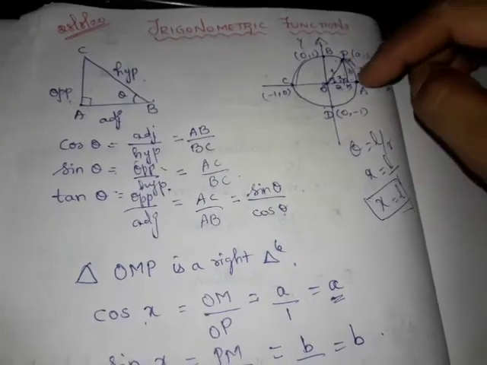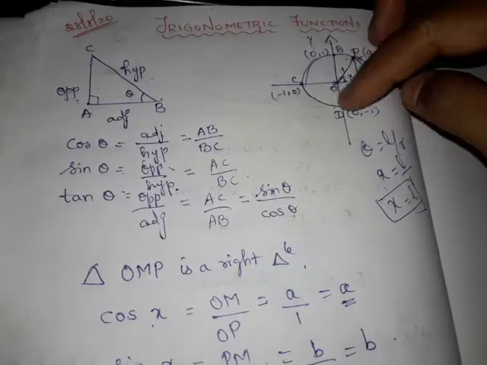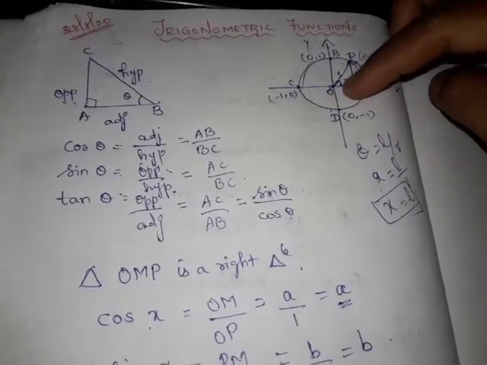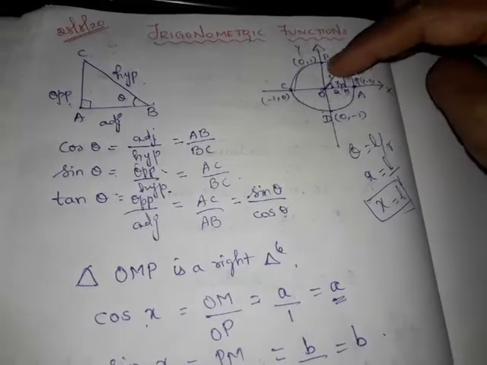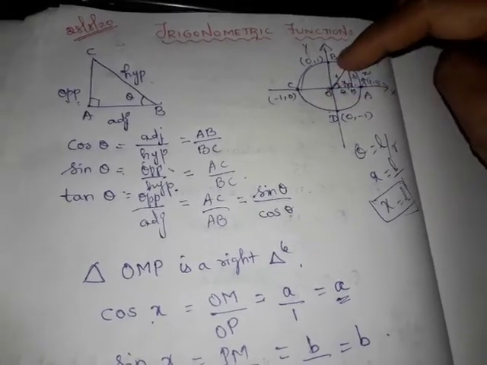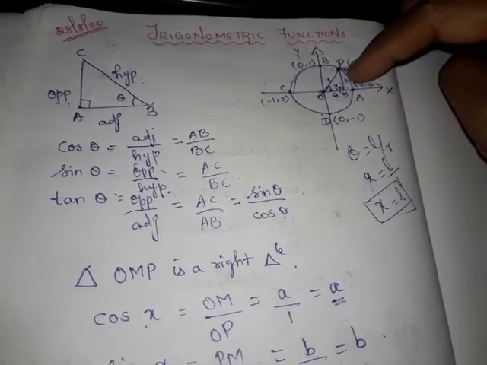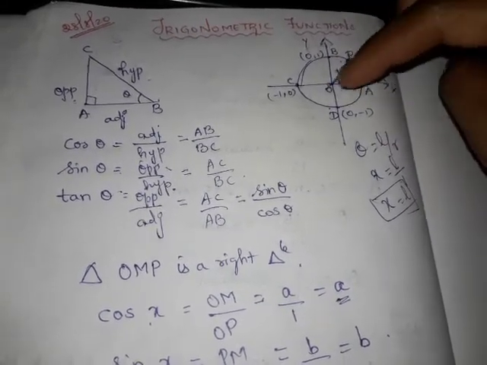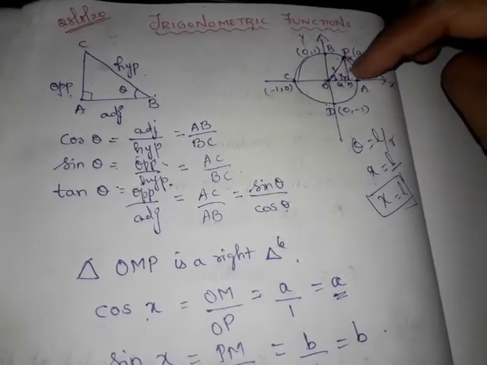We have assumed angle AOP as x radian. If this is x, then the arc length will also be x. Now we considered this triangle OMP, and since it's a right triangle, by Pythagoras theorem, OP square is equal to OM square plus MP square. In the sense 1 equals A square plus B square.